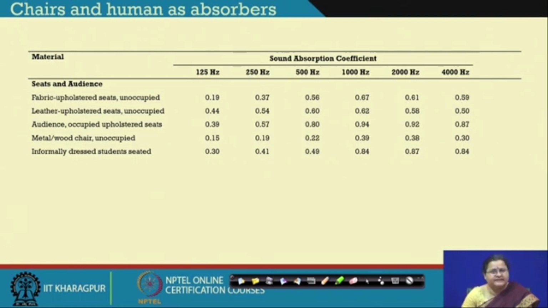There could be metal chairs, wooden chairs, and in schools we see students who are smaller in dimension than a normal adult, and we see some variation in the sound absorption coefficient.